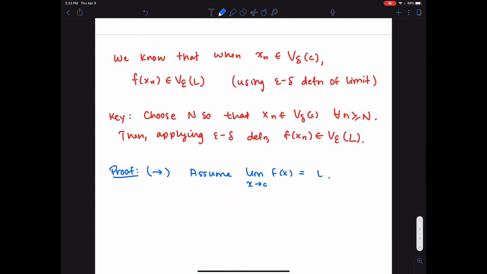So first things first here, we are going to say, let xn contained in A with xn not equal to C. And we're going to assume that the xn we're working with converges.